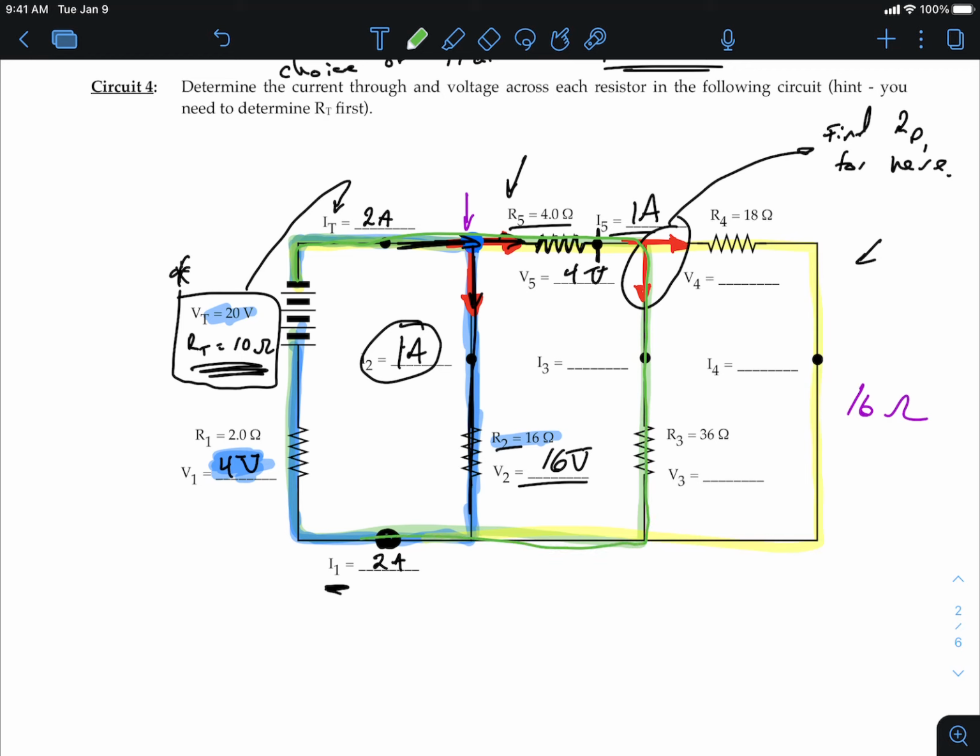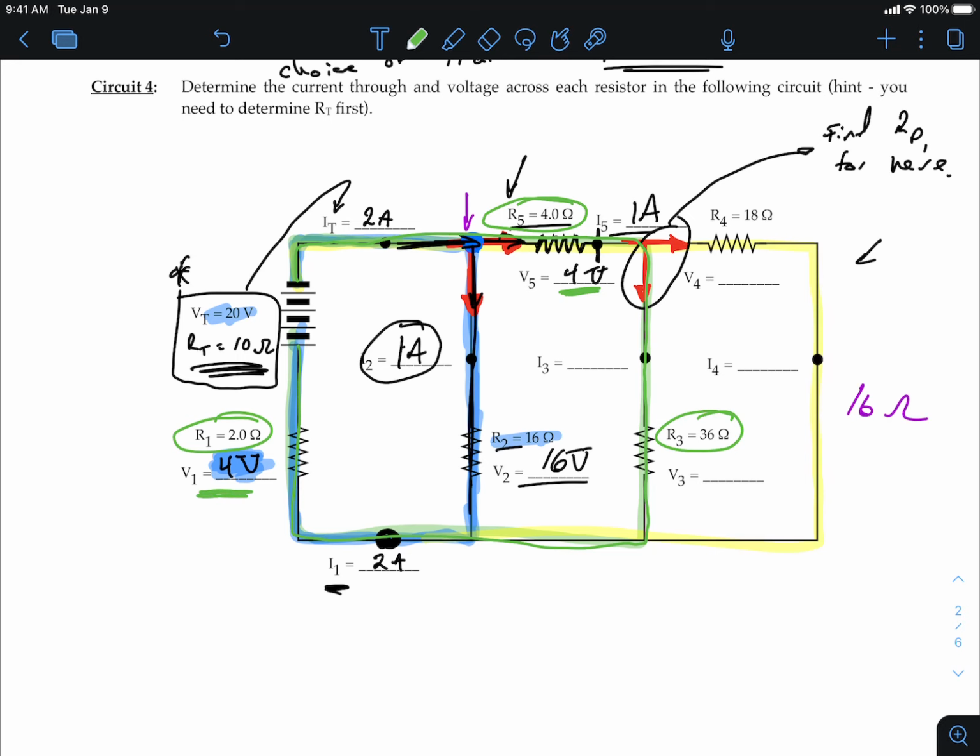Which resistors did I come in contact with? Well, the 4 ohm here, and then the 36 ohm resistor here, and then the 2 ohm resistor there, okay? What were the voltages at each of those points? Well, I'm going to lose 4 volts of potential energy at R5, and I'm going to lose 4 volts of potential energy at R1.